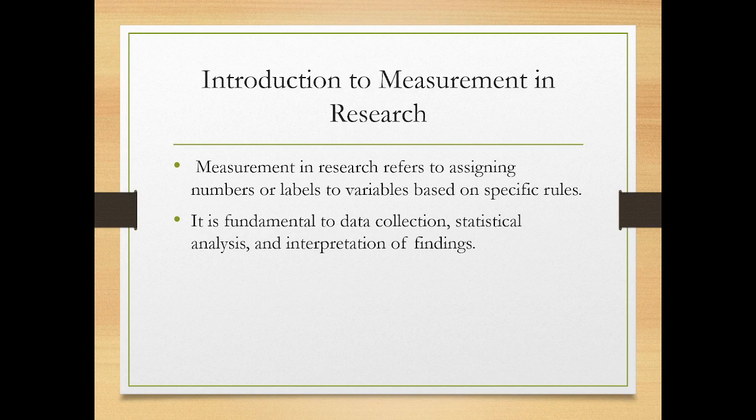That is, we cannot say 1 means 1 when we are using 1 as a form of label. But when we are using 1 as a real number, it means that 1 actually carries the value of 1. As I go on in this video, you will understand what I meant by this rule. Measurement is also fundamental to data collection, statistical analysis, and interpretations of findings.